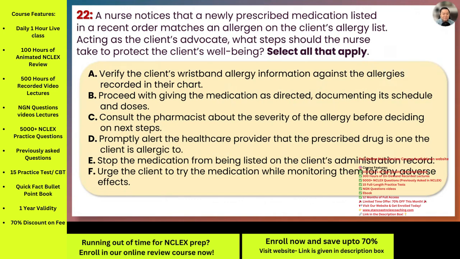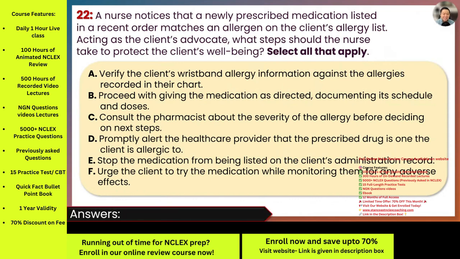C. Consult the pharmacist about the severity of the allergy before deciding on next steps. D. Promptly alert the healthcare provider that the prescribed drug is one the client is allergic to. E. Stop the medication from being listed on the client's administration record. F. Urge the client to try the medication while monitoring them for any adverse effects.